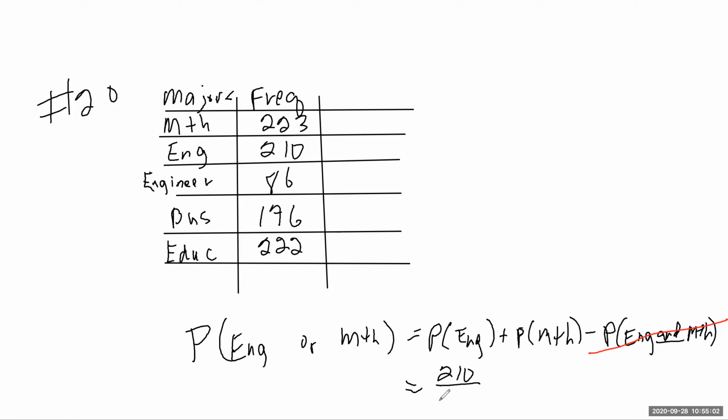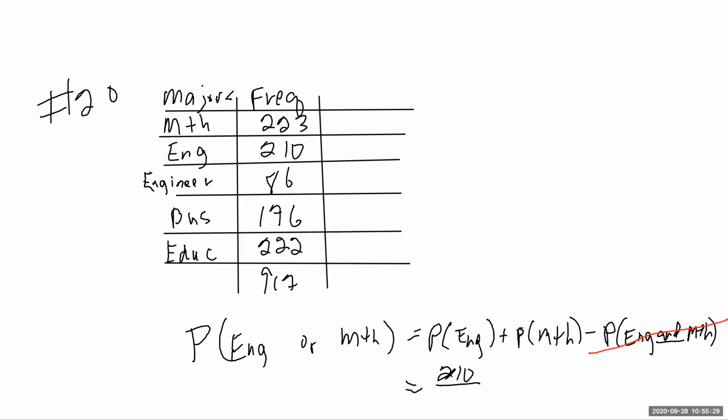And I don't know what that adds up to. So let me see. I think it's an even number, but 223 plus 210 plus 86 plus 176 plus 222. No, it's not an even number. It's 917.